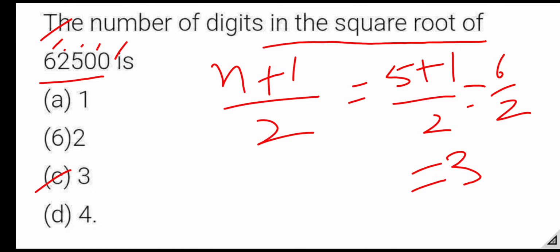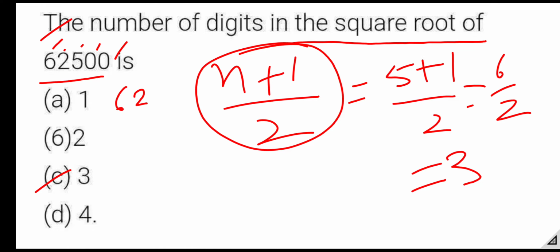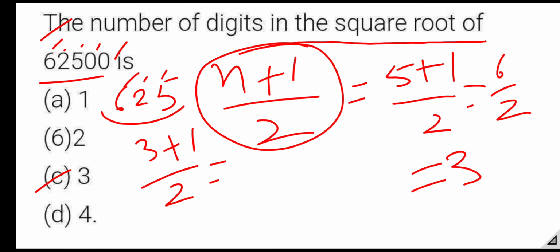We will find the number of digits in the square root of any number by using this formula. Let's take one more example. To find the square root digits of 625, now n is equal to 1, 2 and 3. 3 plus 1 by 2, which is 4 by 2, which is equal to 2.